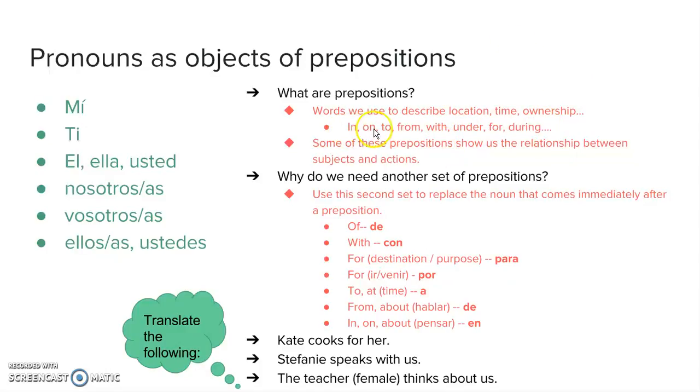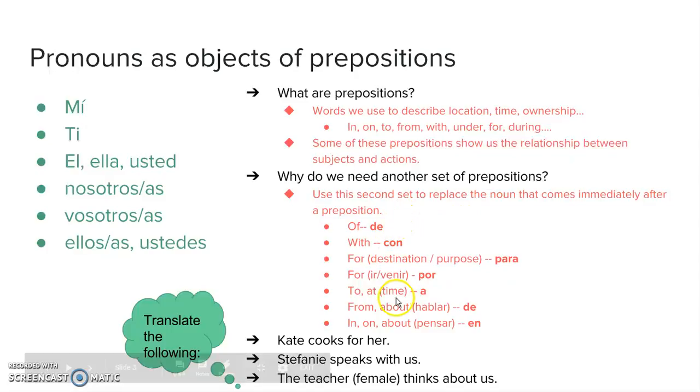So here are some examples of prepositions in English. And we sometimes need another set of pronouns to replace the noun that comes immediately after the preposition.